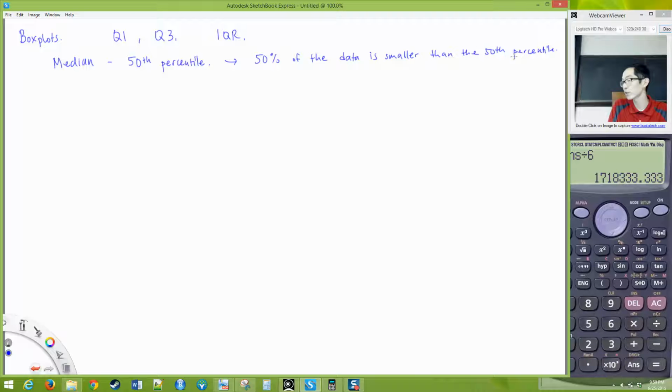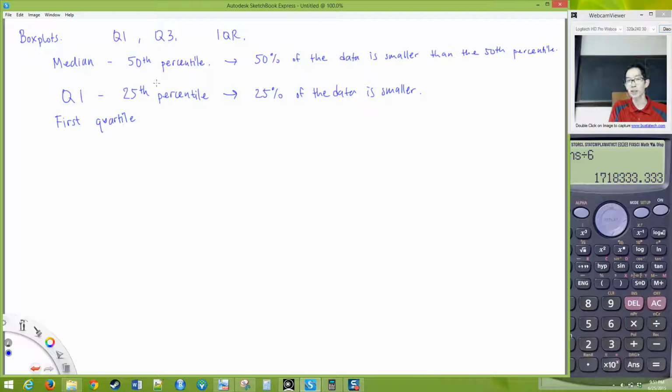So if I say the 25th percentile, what percentage of data is smaller than the 25th percentile? 25%, okay? And the 25th percentile is Q1. Q1 is the first quartile. So the first quarter of the data is smaller than the first quartile.